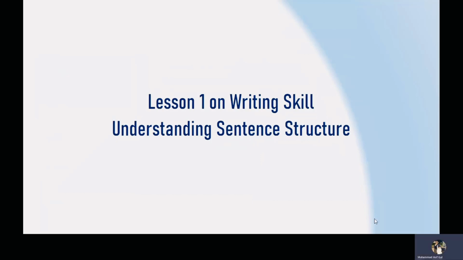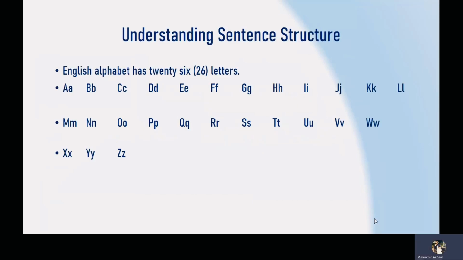Today we will be having our first lecture on writing skill and we will be trying to understand sentence structures of English language. But before moving to sentence structures, we need to have a very basic background knowledge about English language.